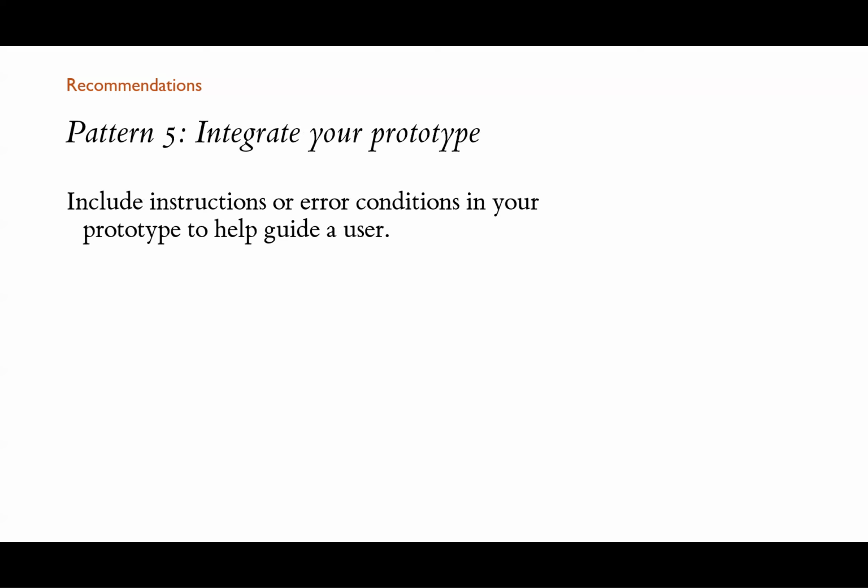This is the one thing where I regret not having a video, but integrate your prototype into the process. You can just put instructions of what to do in your prototype, or add error conditions in your prototype to help guide a user. So I worked with a designer. When you think about prototypes and hotspots, we were working on a linear prototype, but we knew that users might try different buttons, and only one button is where they would go specifically.